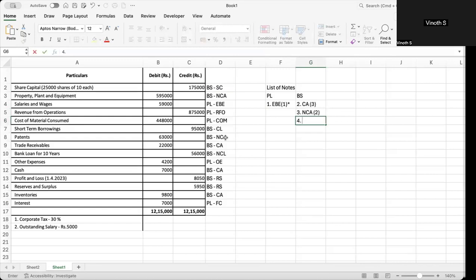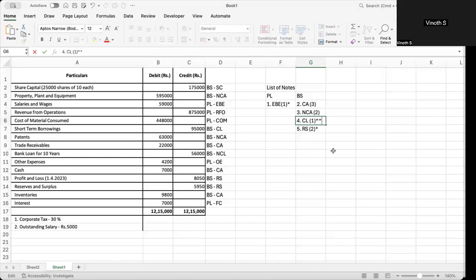Before checking that, is non-current liability required? No, only a single item. Current liability has only one item, short-term borrowing, plus the tax adjustment. Reserves and surplus has two items in the trial balance: one is profit and loss opening, the second is reserves and surplus, plus the adjustment. Here also one is there.